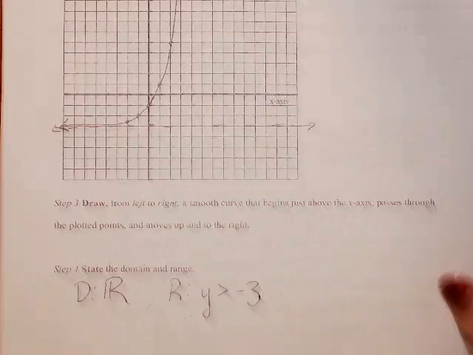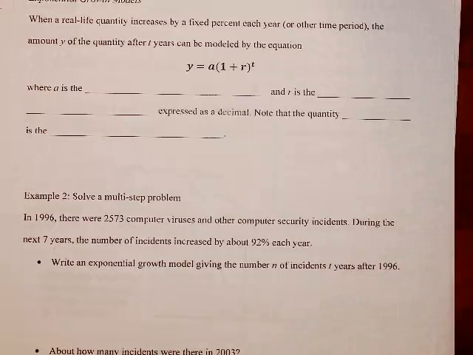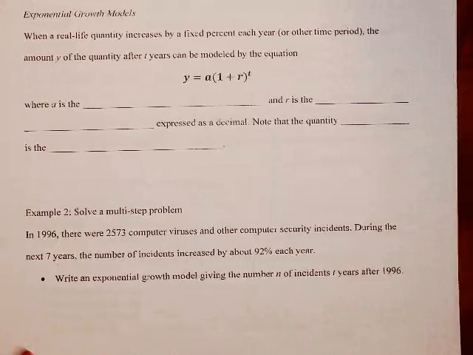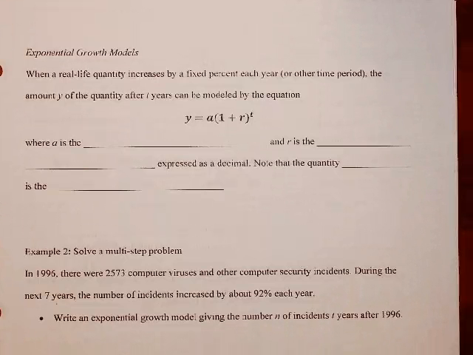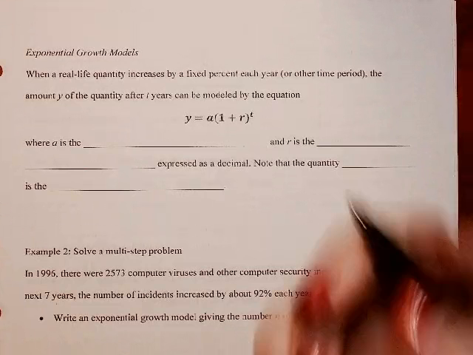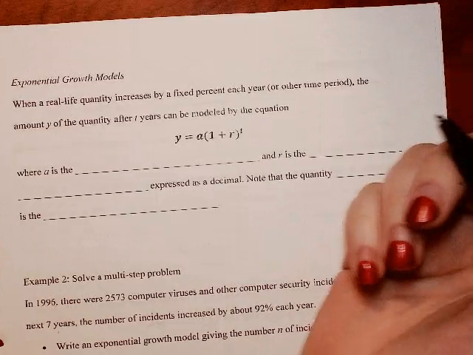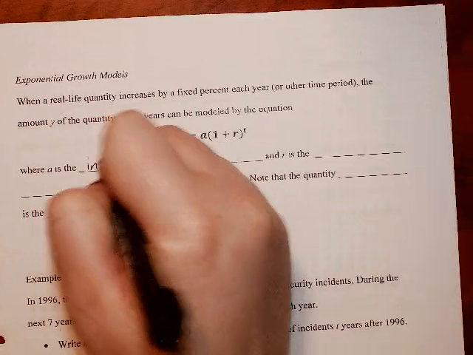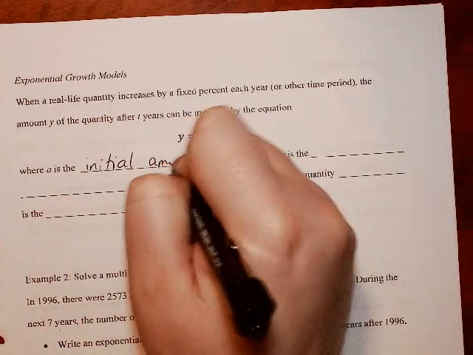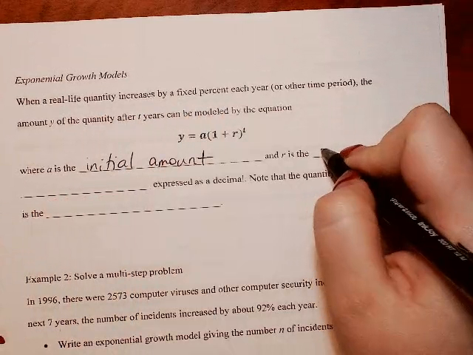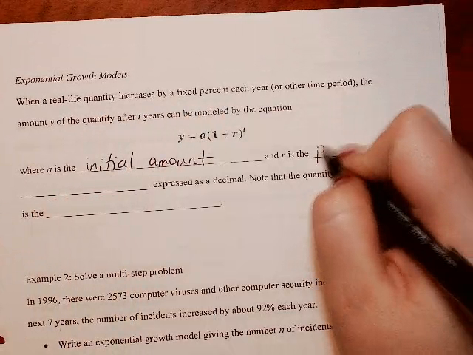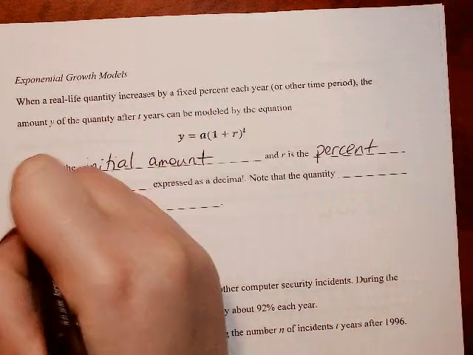Okay. Exponential growth models. When a real-life quantity increases by a fixed percent each year or other time period, the amount y of the quantity after t years can be modeled by the equation y equals a times the quantity 1 plus r to the t power, where a is the initial amount, r is the percent increase expressed as a decimal.